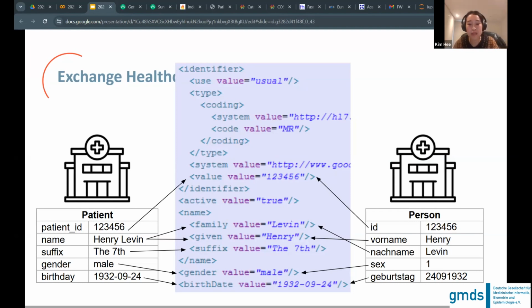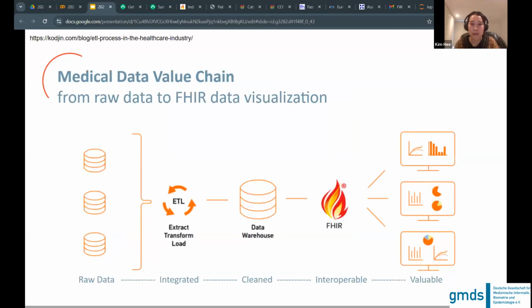And it's not only for data exchange, it's also very useful for interoperable data visualization. This is the overview of the data process, ETL of medical data. And FHIR mapping is just one piece of the puzzle, but it starts from integrating raw data, and then you harmonize and clean it, and then you map it to the FHIR structure, and then you can finally do something, for example, visualizing it.